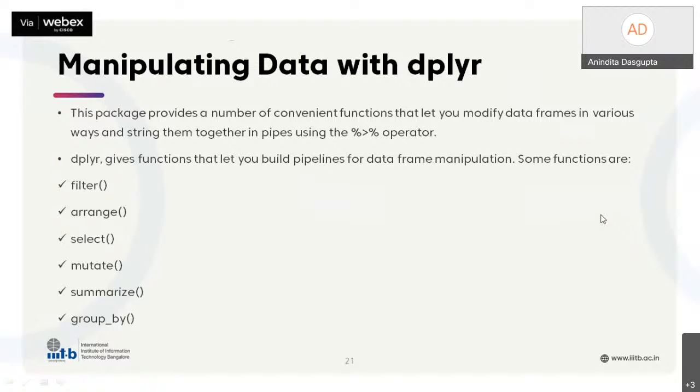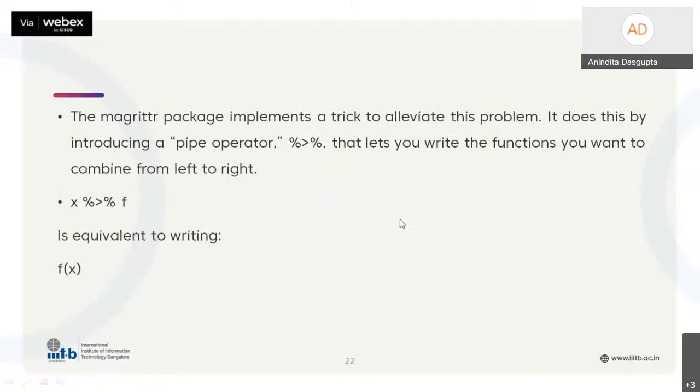This is used in dplyr for manipulating data sets, and it can do several functions like filtering, arranging data, selecting data, mutation of data, summarizing data, and group by, which does grouping of the data set. So this particular package has a lot of functions, and it is very useful for data analysis.